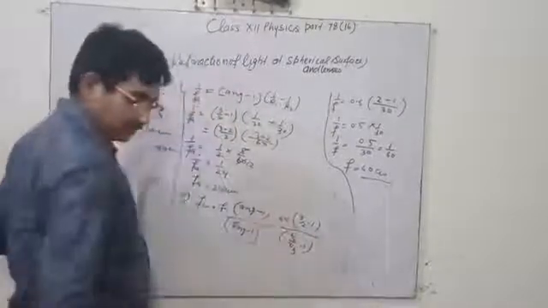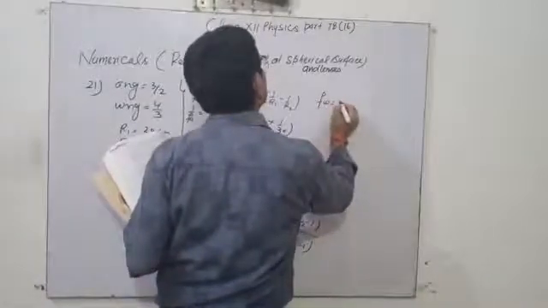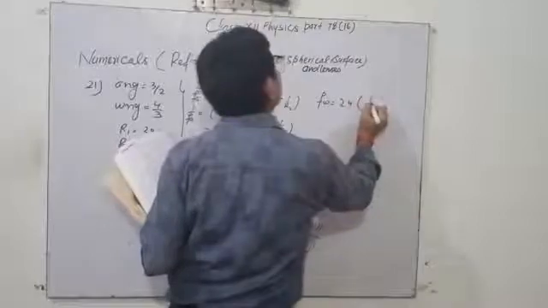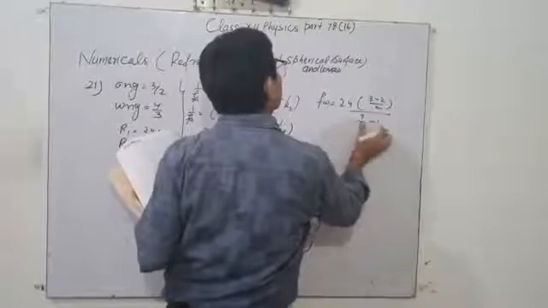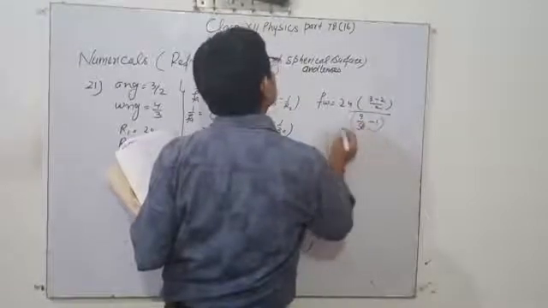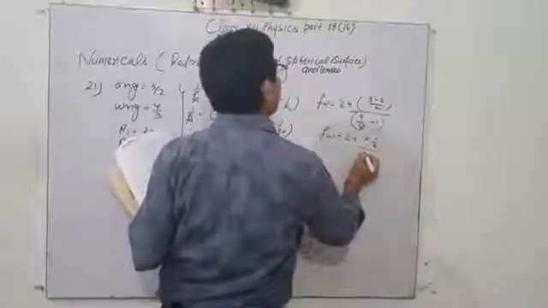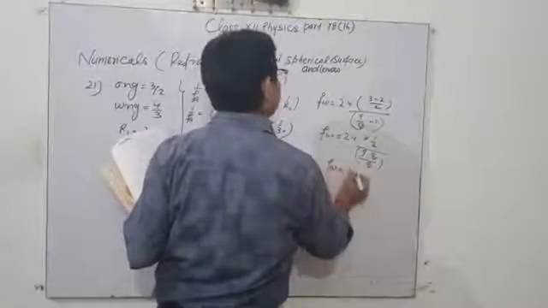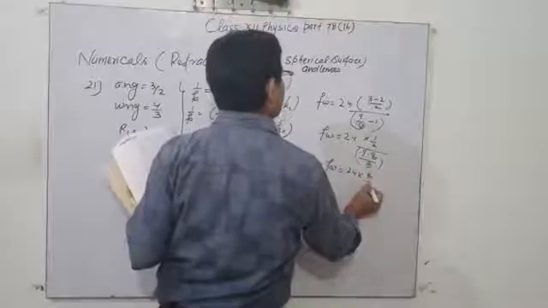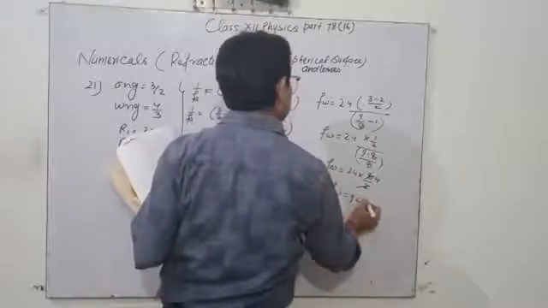This becomes FW equals 24 into (3 minus 2) by 2 upon (9 by 8 minus 1), so FW equals 24 into 1 by 2 upon (9 minus 8) by 8. FW equals 24 into 8 by 2. Now FW equals 96 centimeter.